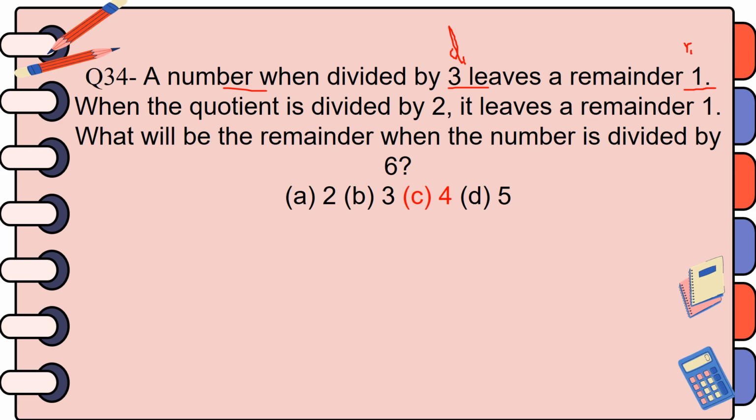From this we get a certain quotient, and when we again divide that quotient by 2, say this is divisor 2, we get another remainder 1, and say this one as remainder 2. So what will be the remainder when the number is divided by 6?